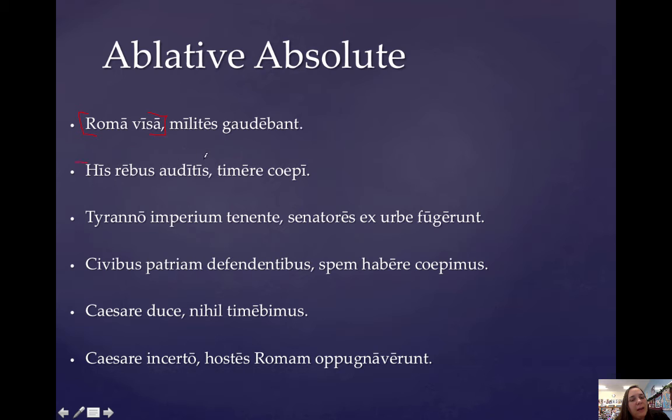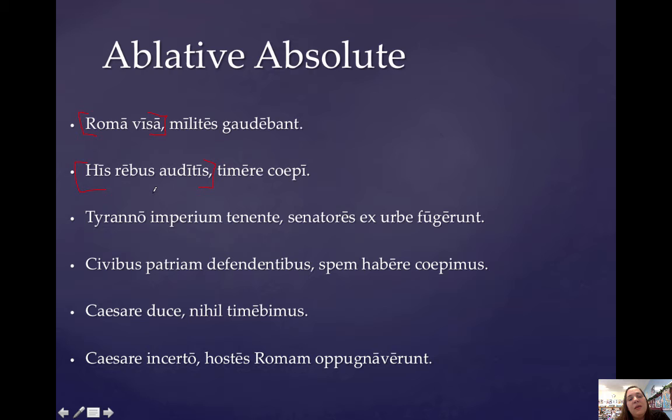This next one, his rebus auditis timere coepi. Again, we have our ablative absolute here. We want to translate our ablative absolute separate from the main sentence, as always. Remember, the whole point of the absolute part of the ablative absolute is that it's not grammatically related to the rest of the sentence. So you can just translate coepi timere, I began to fear.